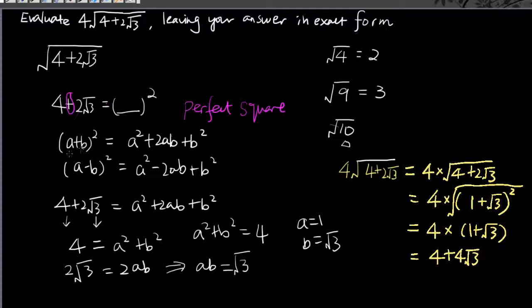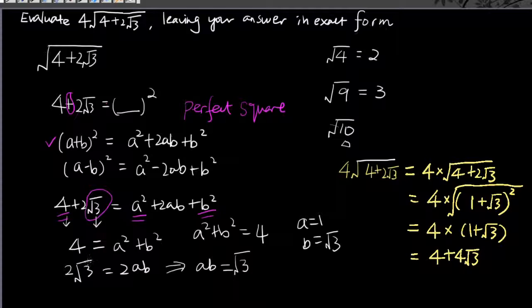It's more suitable. Then if we look at 4 and the 2 root 3, because of the root 3 here, I'll think, is it either my a or b? And this 4 is a squared plus b squared.